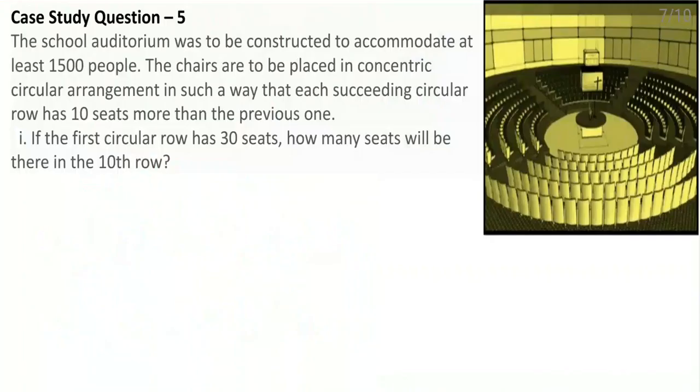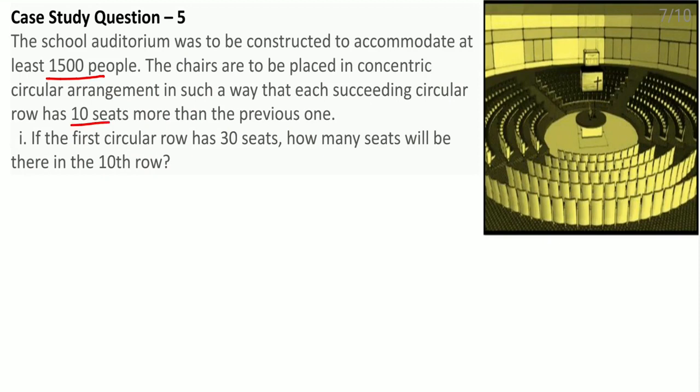Correct? Come to the next question now. This is the case study based question 5. The school auditorium was to be constructed to accommodate at least 1500 people. The chairs are to be placed in concentric circular arrangement in such a way that each succeeding circular row has 10 seats more than the previous one.